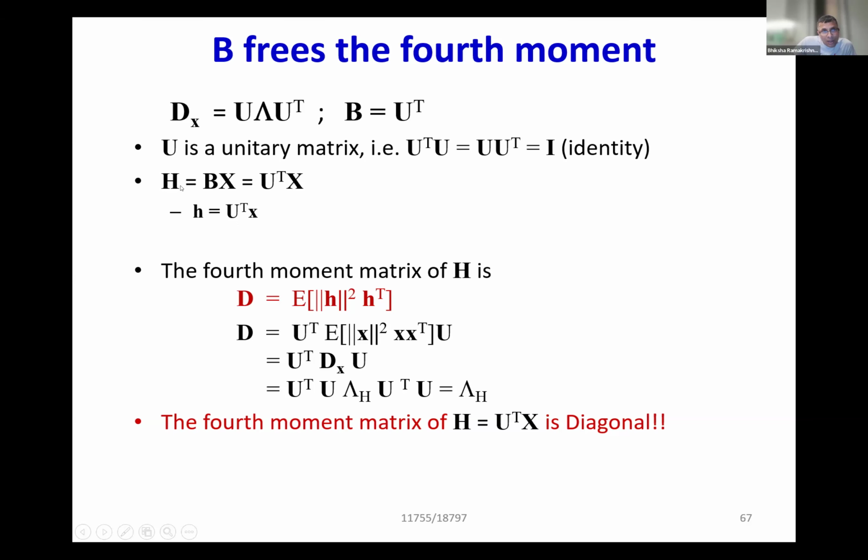And so if I compute H equals Bx, which is U transpose X, then it's very easy to check that the fourth moment matrix of H is diagonal, which is what it would be if the rows of H were statistically independent.